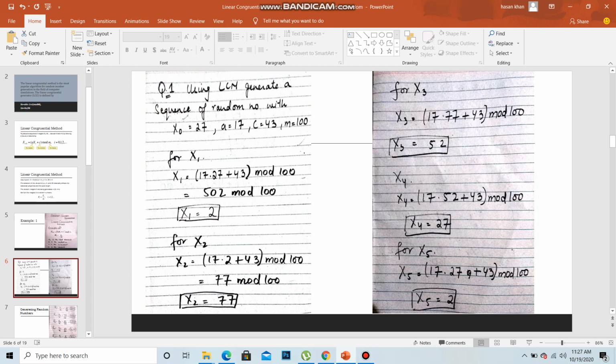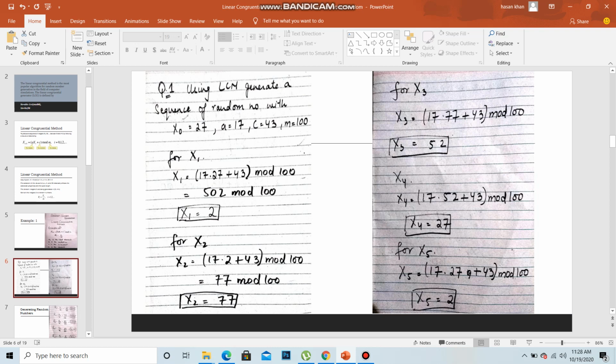For x2 we take the value of the previous x. The previous x was 2, so (17 times 2 plus 43) mod 100 is 77 mod 100, and x2 becomes 77. For x3 we repeat the same process, but now the value of x2 is placed here.